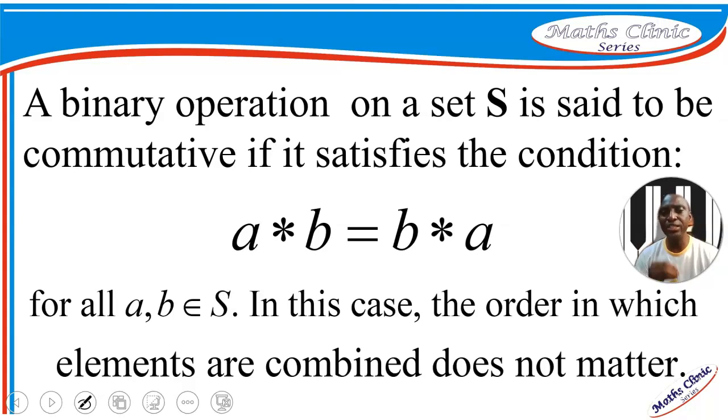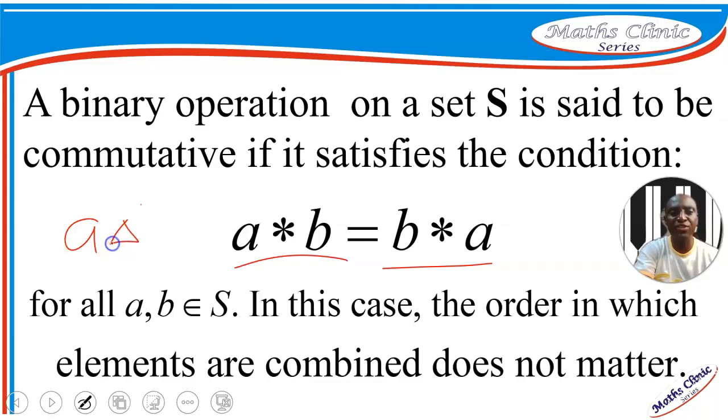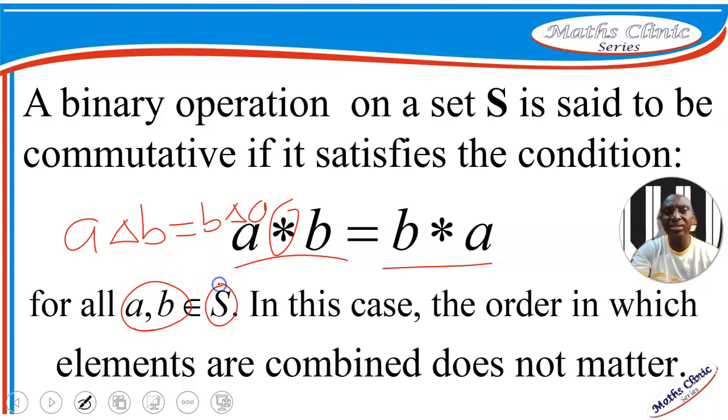So in defining commutative for a binary operation, we are saying that when an operation is said to be commutative, it must satisfy this condition: A star B should be equal to B star A. So even if I use a symbol like A triangle B equals B triangle A, we'll say that operation triangle is commutative, or operation star is commutative. And this must be true for all elements that are found in the set that we are defining the commutative property in. I hope that makes sense.